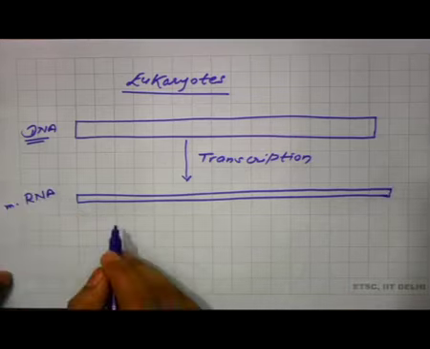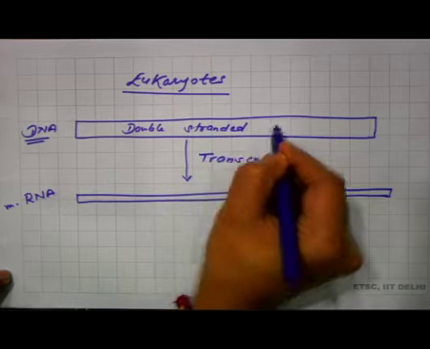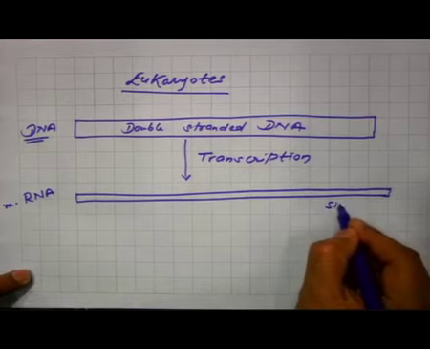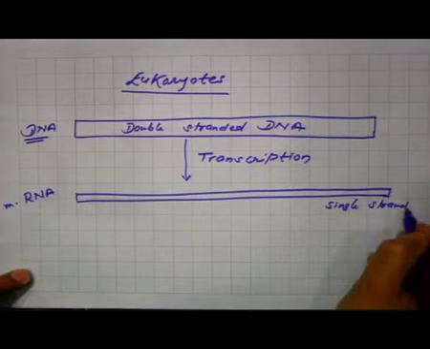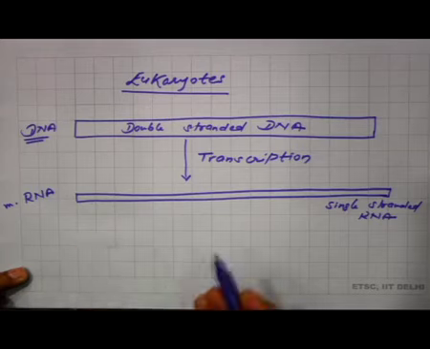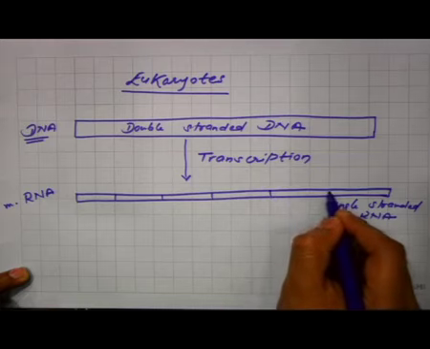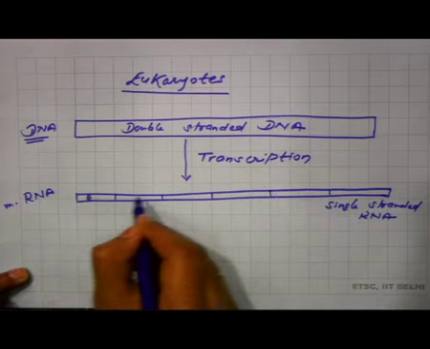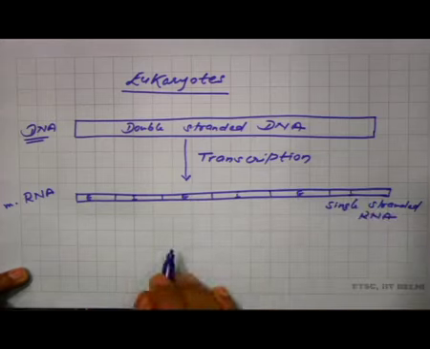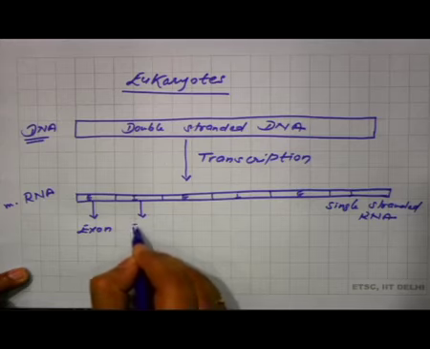Suppose it is a messenger RNA and it is double stranded DNA. So, this double stranded DNA after transcription will form single stranded RNA. Now, this RNA after transcription has sequences which are arranged alternately, and these sequences are called exon, intron, exon, intron, exon and intron, and so on. This E represents exon and I represents intron.